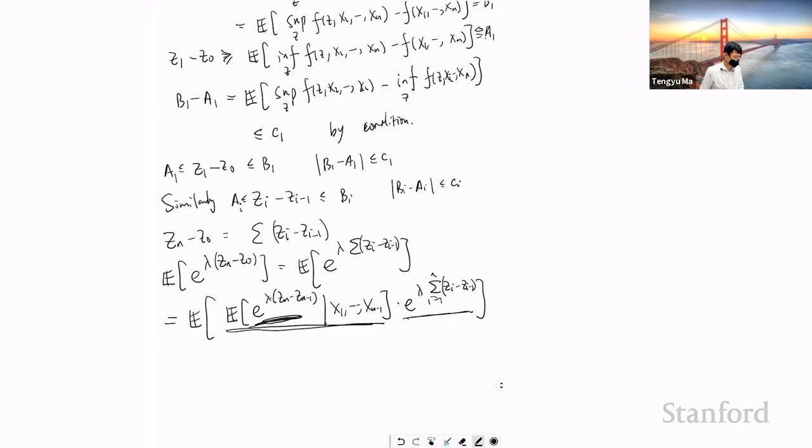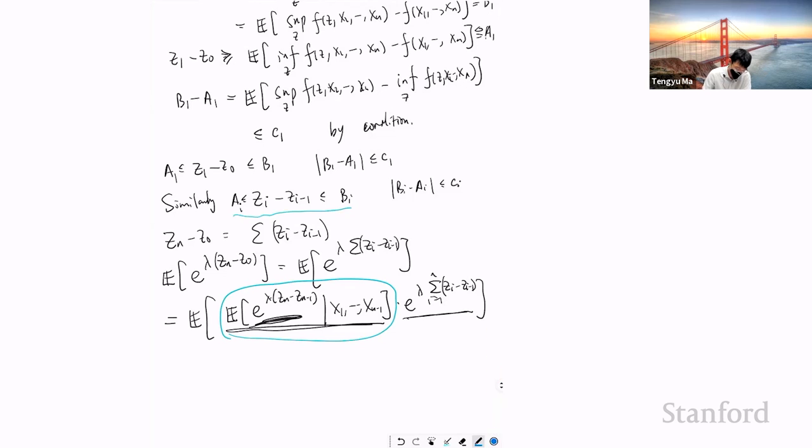So that's why it's inside the expectation. And then this term, because Zn minus Zn minus 1 is bounded in a strong sense, in the sense that for every possible choice of x, you know that this is an absolute bound for Zn minus Zn minus 1.